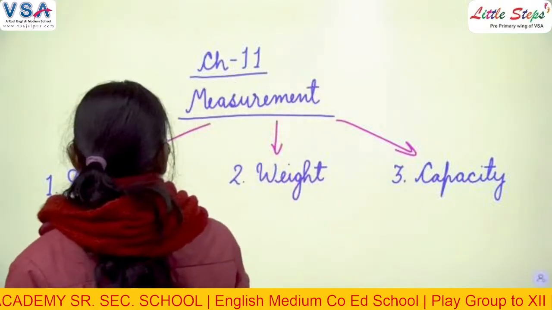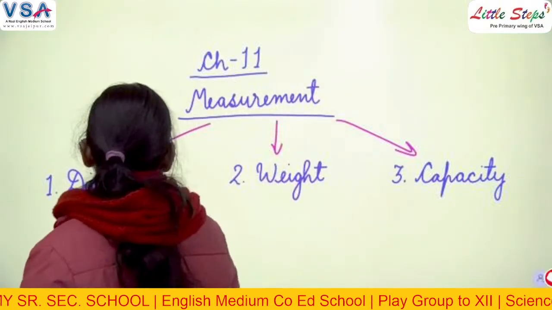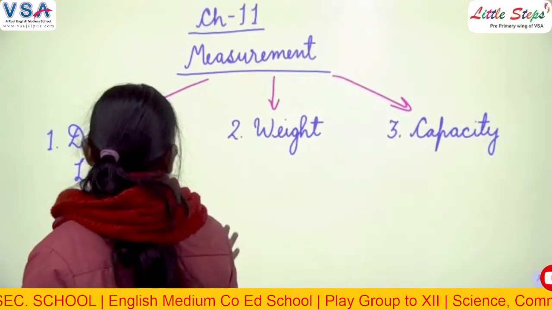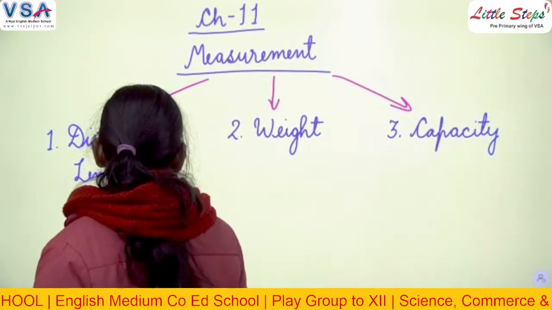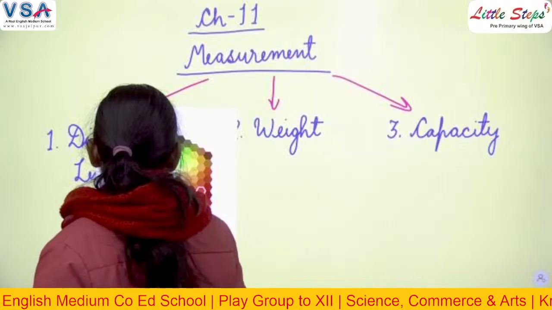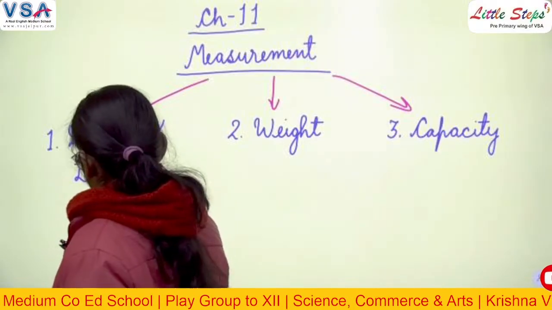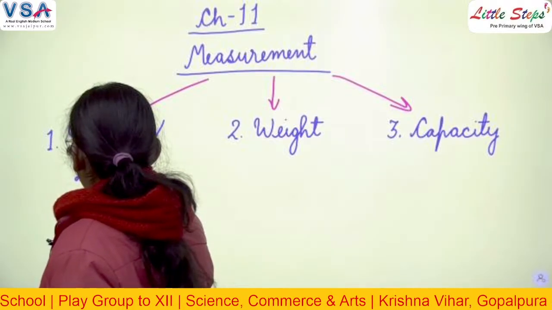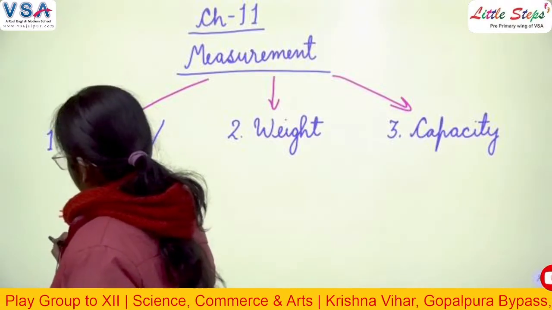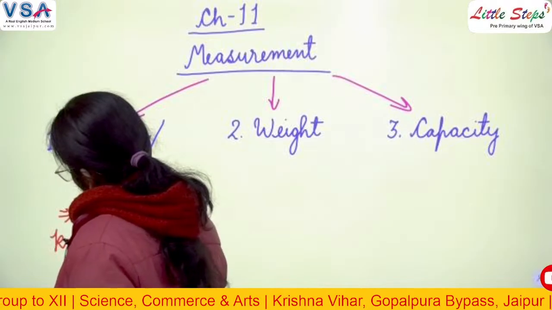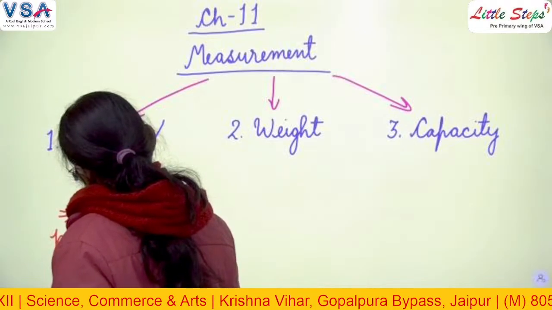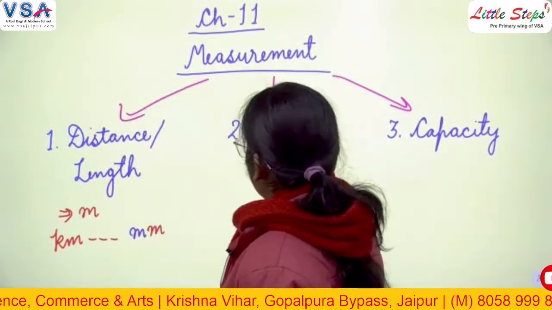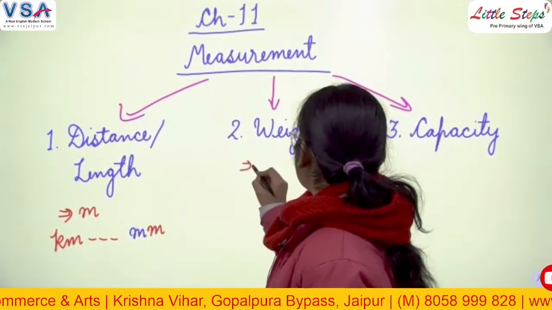When we talk about the units, for distance or length, the unit is meter, that is from kilometer to millimeter. Right? If we talk about the weight, the unit is gram.